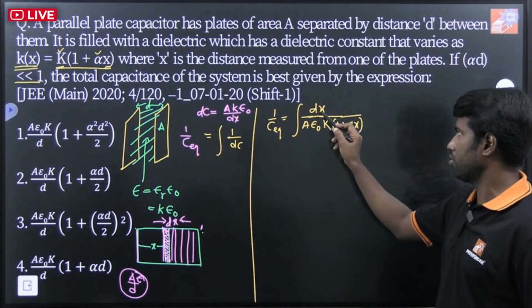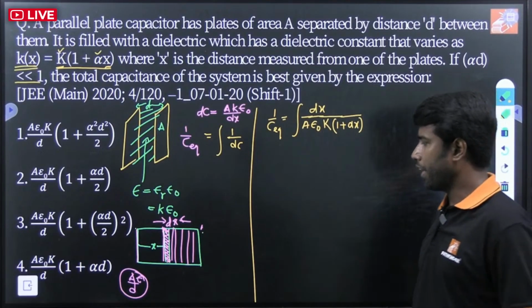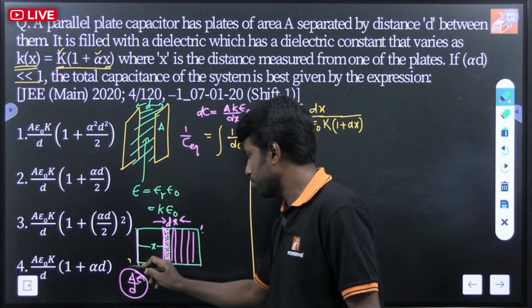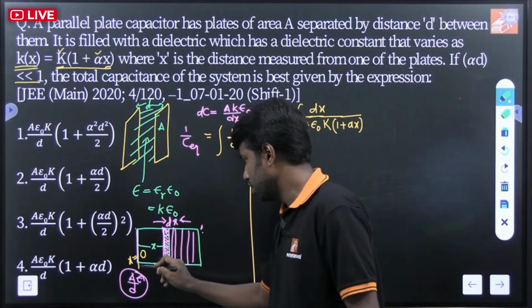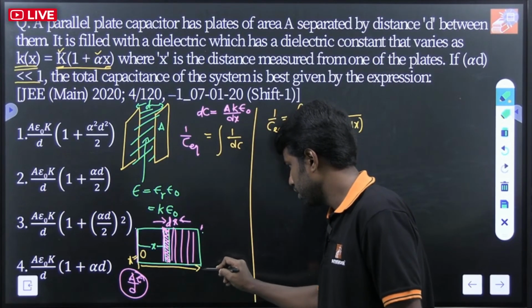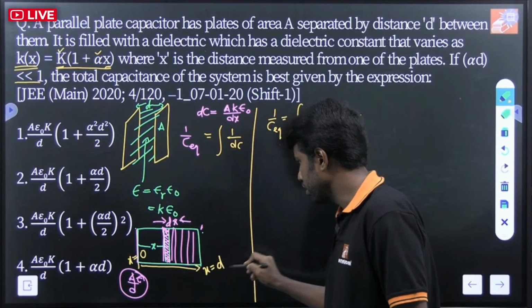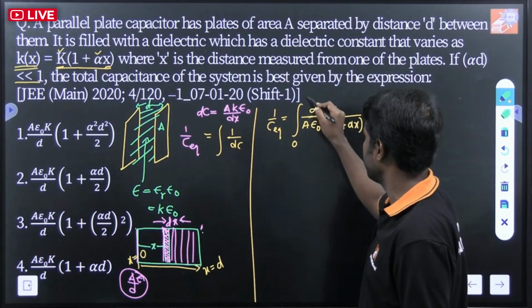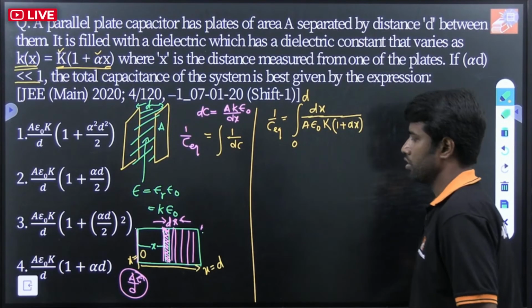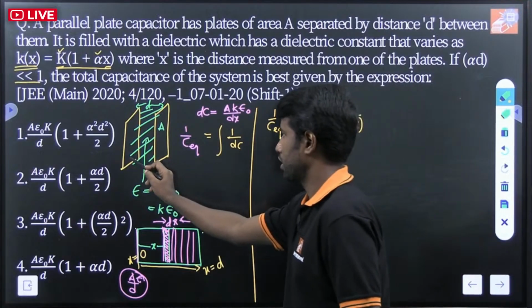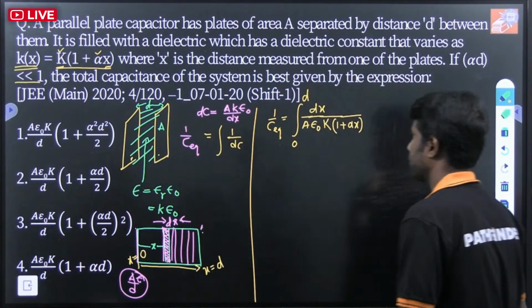We are integrating with respect to x, so x starts from 0 and goes up to x equal to d. So the integration limit will be 0 to d, where the thickness is d.